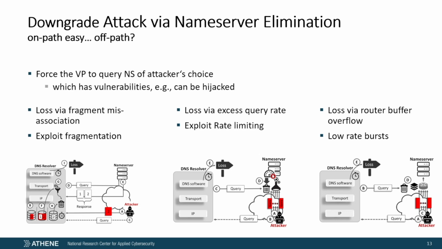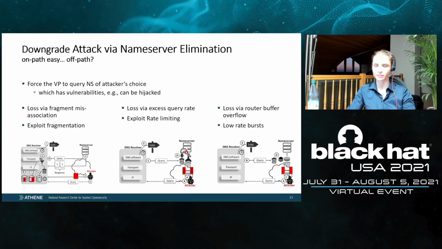Now, we want this packet to be discarded. So we construct it in such a way that the operating system will discard it. What we do is we create a wrong checksum. We simply do not try to match the checksum. As a result, the reassembled packet is discarded by the VA.